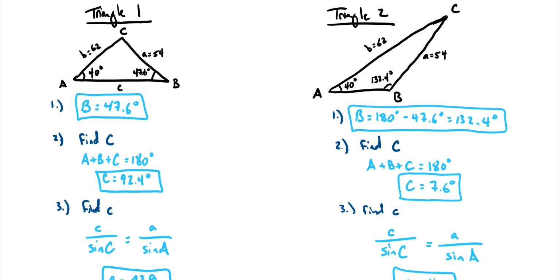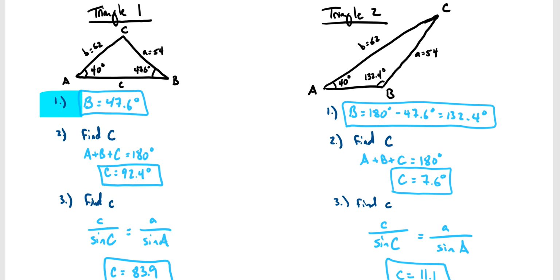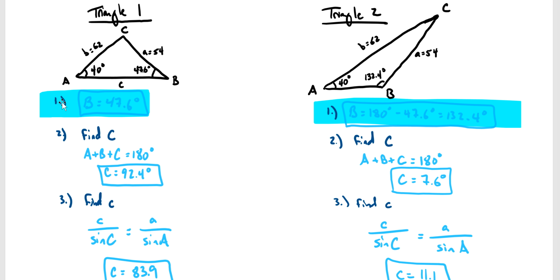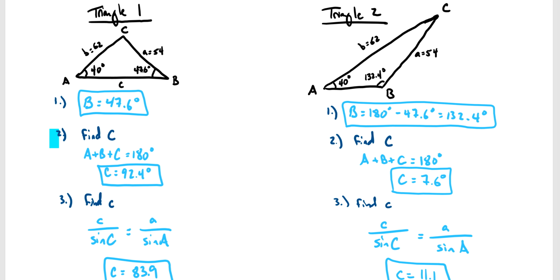So then you just create both of your triangles with your separate values for B. Then step 2 for both of these is find the missing angle using A plus B plus C equals 180. Step 3, find the last side using law of sines. So as long as you know what steps to apply, it's always going to be the same steps. You just have to know which to apply when, essentially.